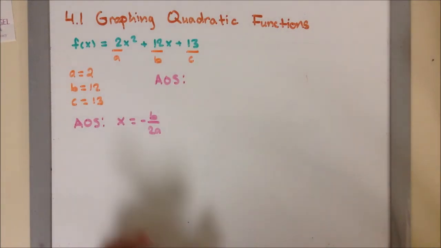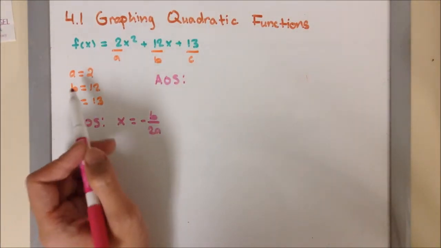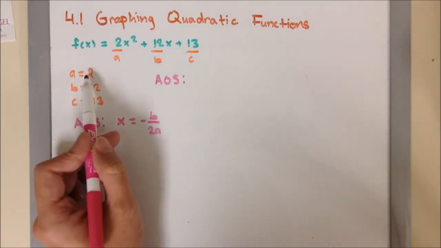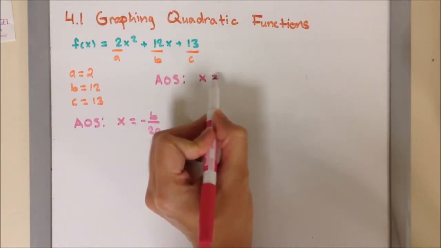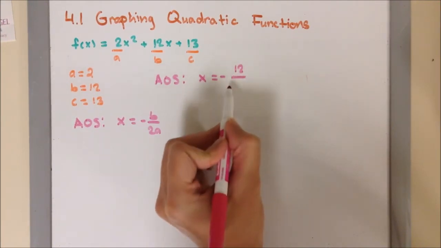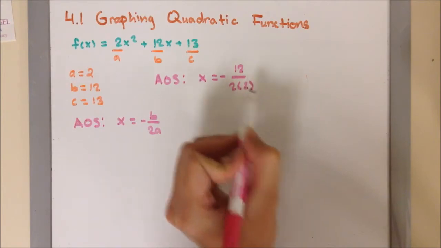So, basically I'm going to write the formula, but remember, there's a negative. I'm going to simply plug in 12 for b and 2 for a.